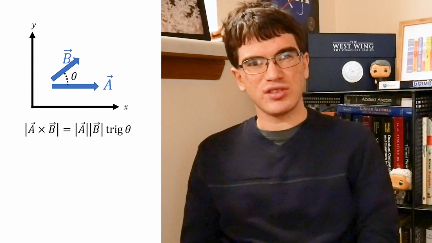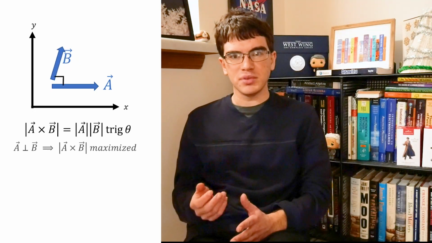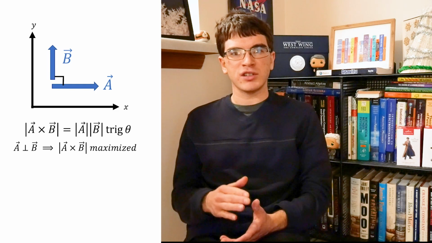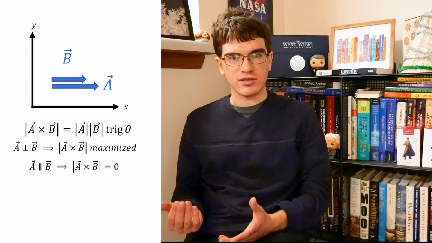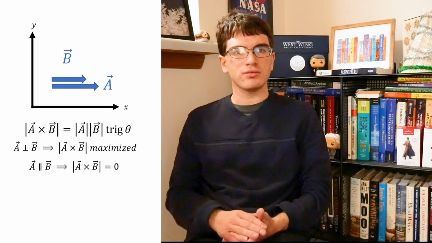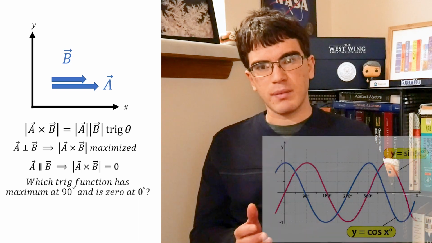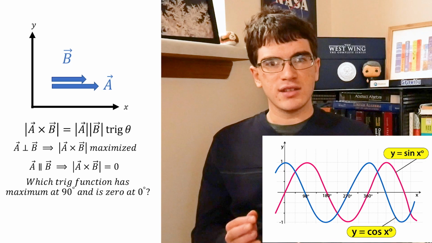What trig function do you think we should use? Well, when two vectors are perpendicular to each other, the cross product is maximized, and when two vectors are at an angle of 0 degrees to each other, when they're parallel, their cross product is 0. Which trig function is maximized at 90 degrees and equal to 0 at 0 degrees?